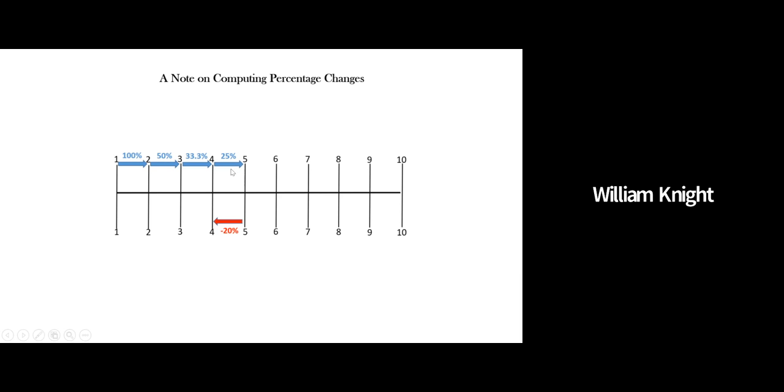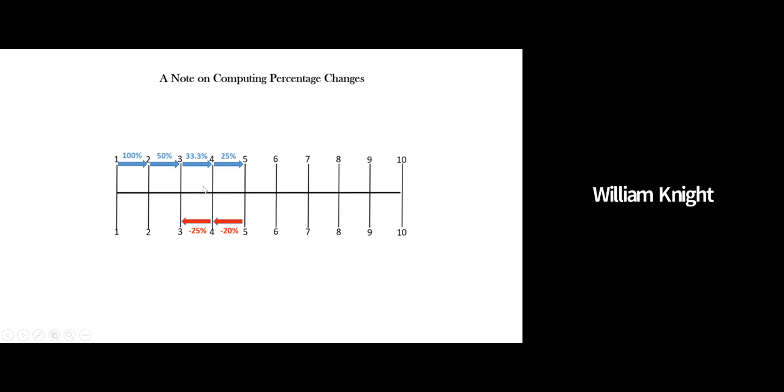A movement from 4 to 5 is 1/4. A movement from 5 to 4 is 1/5, 20%. Check this out. Pause the video and make sure it's a negative 20%. What is the percentage change from 4 to 3? Again, check it out. Pause the video and see if you can figure that one out.